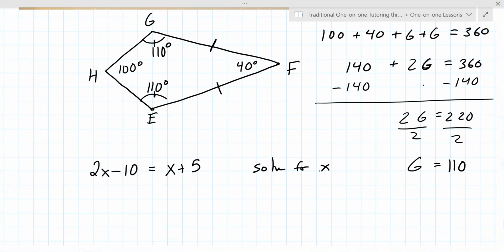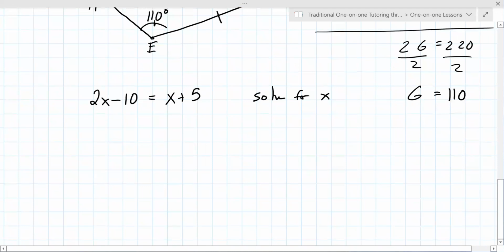Can we solve it together? I think you can solve this one. You're going to move some things around. You might even be able to guess the answer.